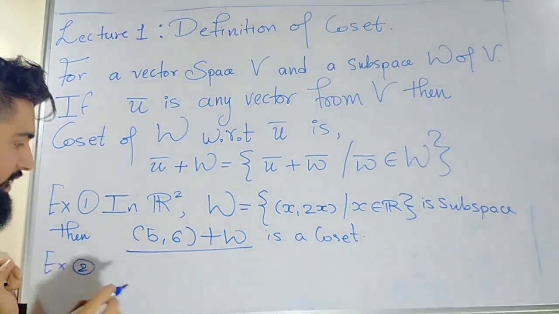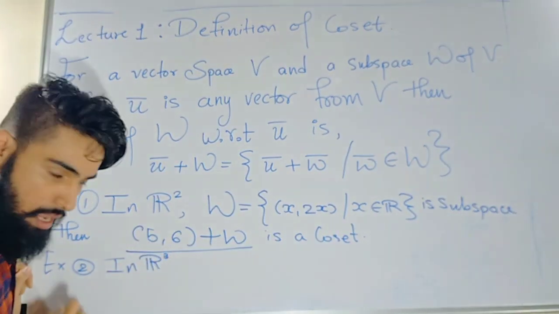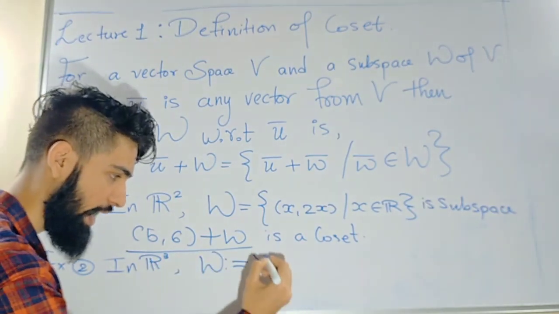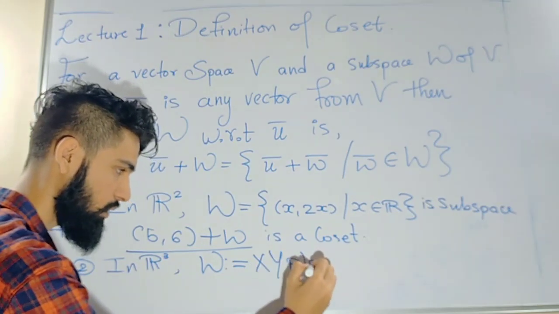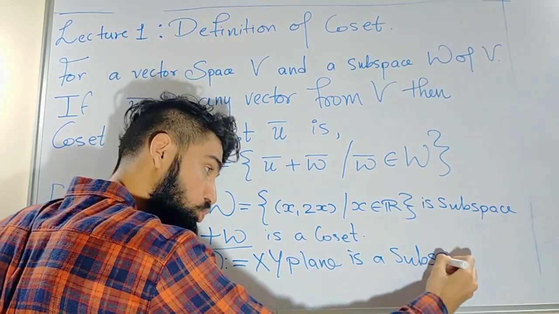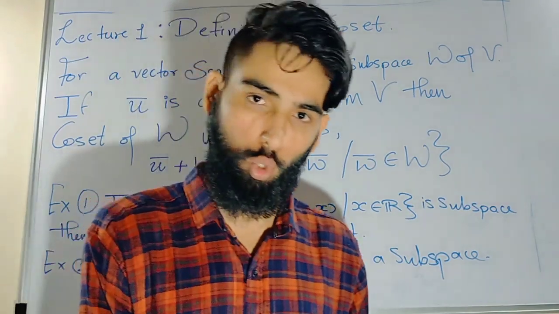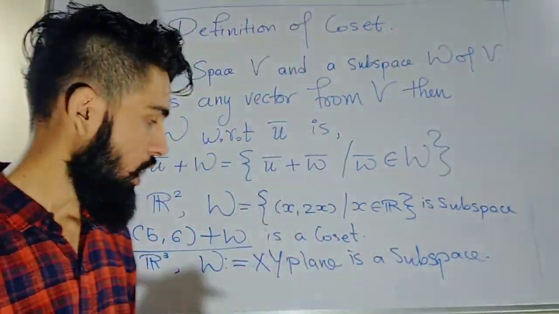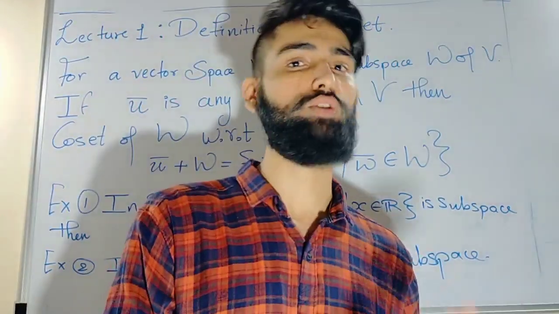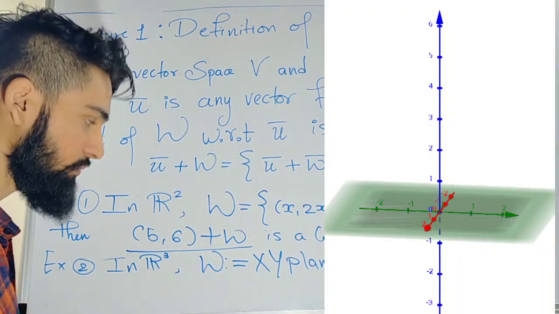Similarly, suppose I consider R3. In R3, I consider my subspace to be defined as the xy plane. Is this a subspace? For those students who don't know, inside R2 any line passing through the origin is always a subspace. Similarly, inside R3 any plane passing through the origin is also a subspace. So my W, the xy plane, is a subspace of R3.